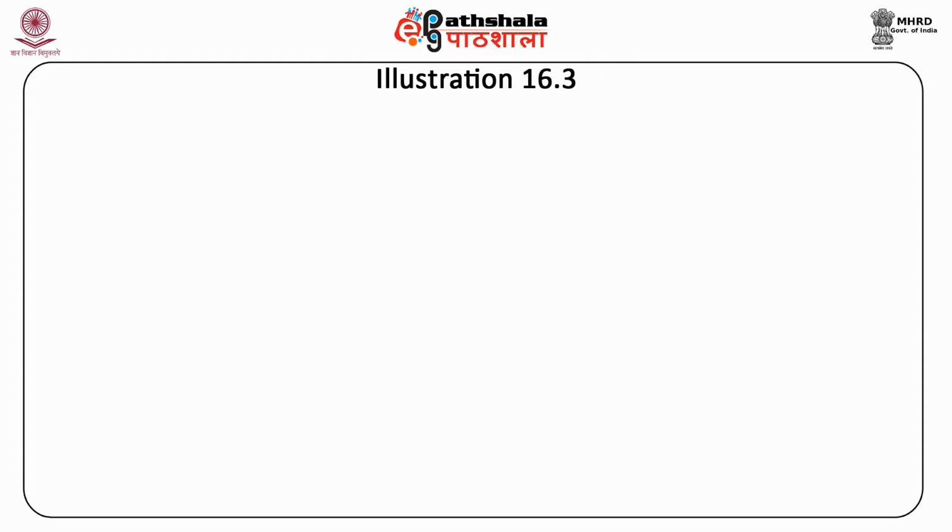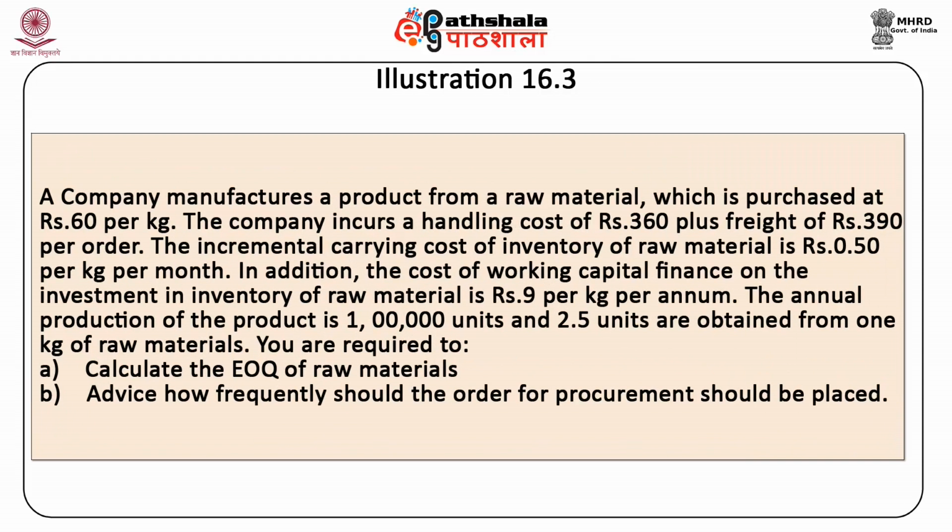Consider another example. A company manufactures a product from a raw material which is purchased at rupees 60 per kilo. The company incurs a handling cost of rupees 360 plus freight of rupees 390 per order. The incremental carrying cost of inventory of raw material is rupees 0.5 per kg per month.